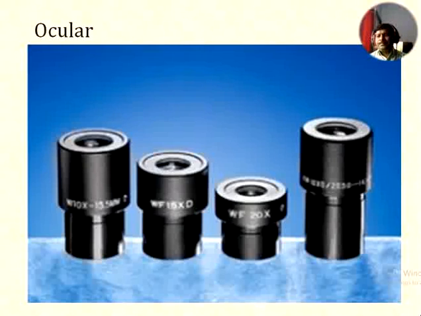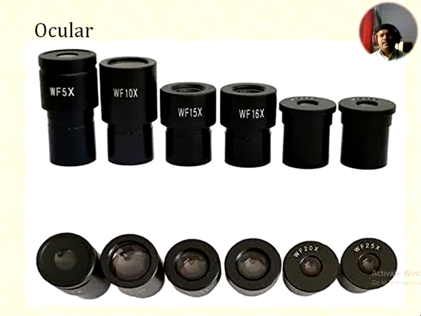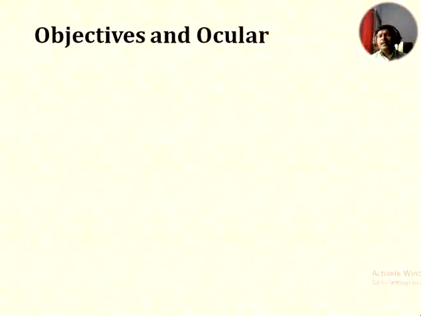Again, these are the different types of lenses: 5x, 10x, 15x, 16x, then 20x, then 25x. But generally these three, 5x, 10x and 15x lenses, are used to visualize the image.